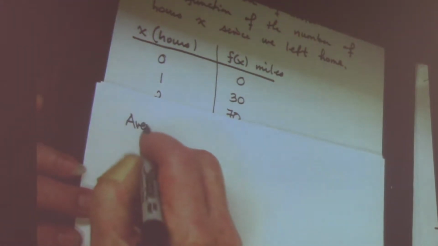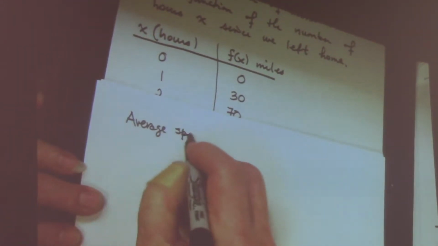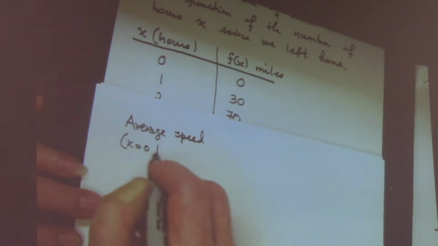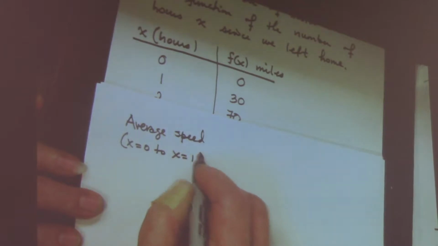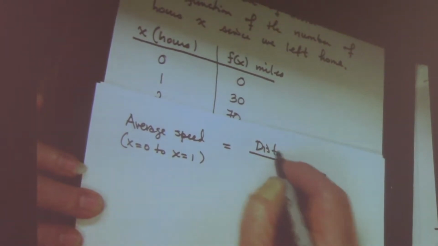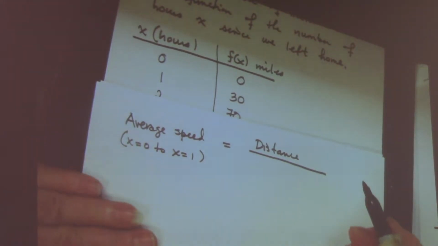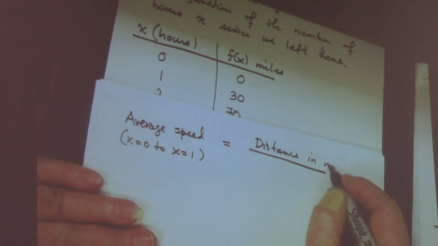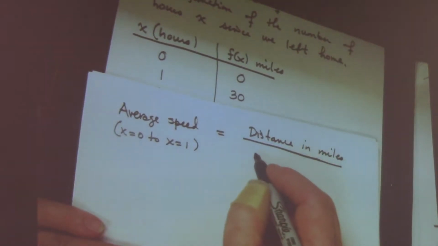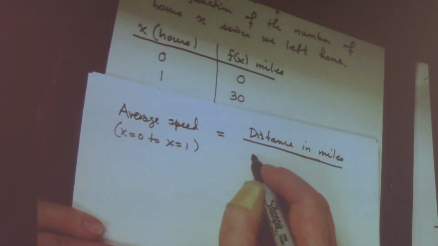So my average speed on that first hour, from x equals 0 to x equals 1, is the total distance in miles that we were able to drive divided by the total time.